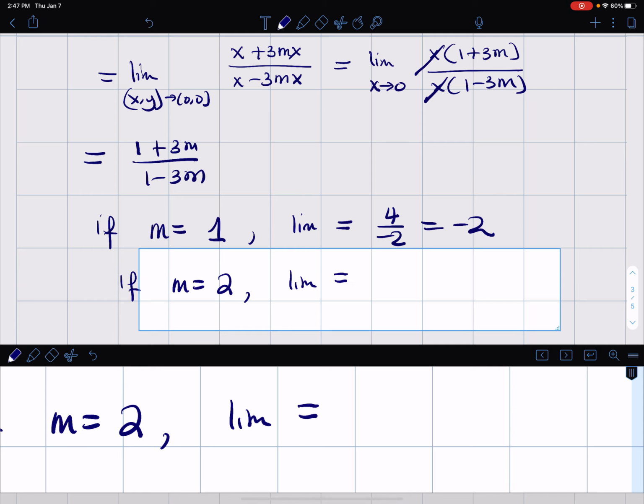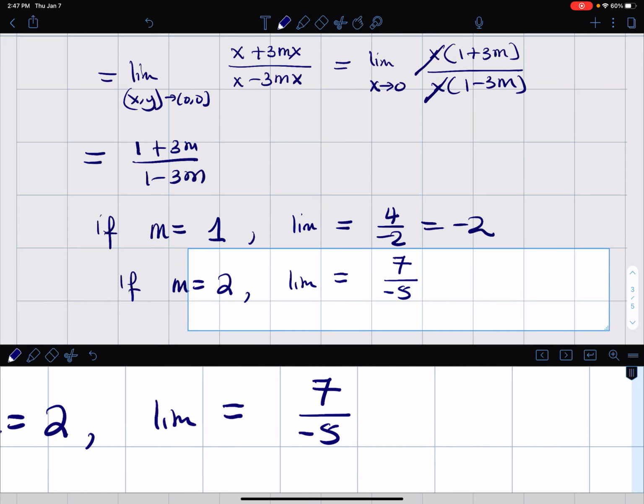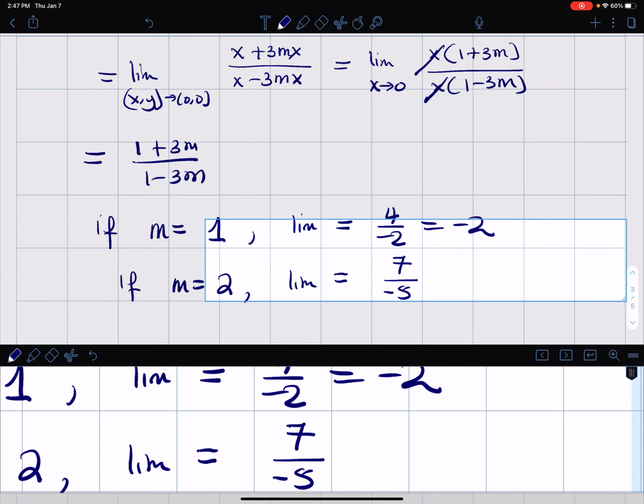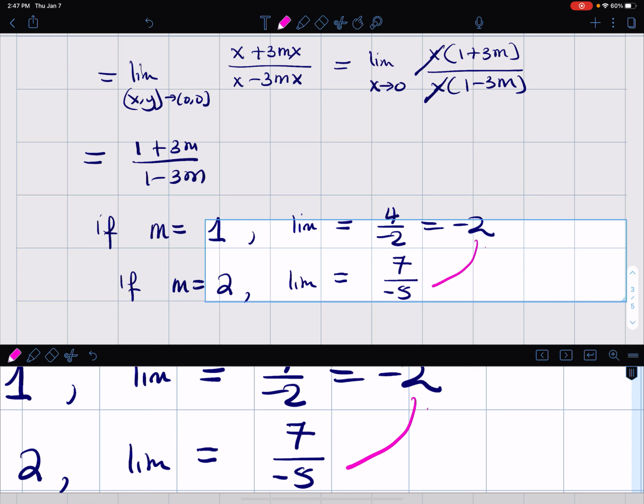The limit is equal to 1 plus 6, which gives you 7, and then 1 minus 6, which gives you negative 5, so negative 7 over 5, which is not equal to negative 2.